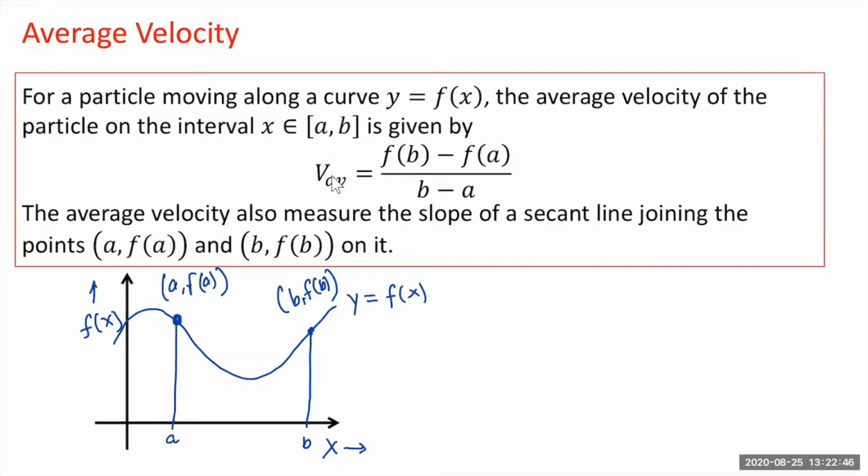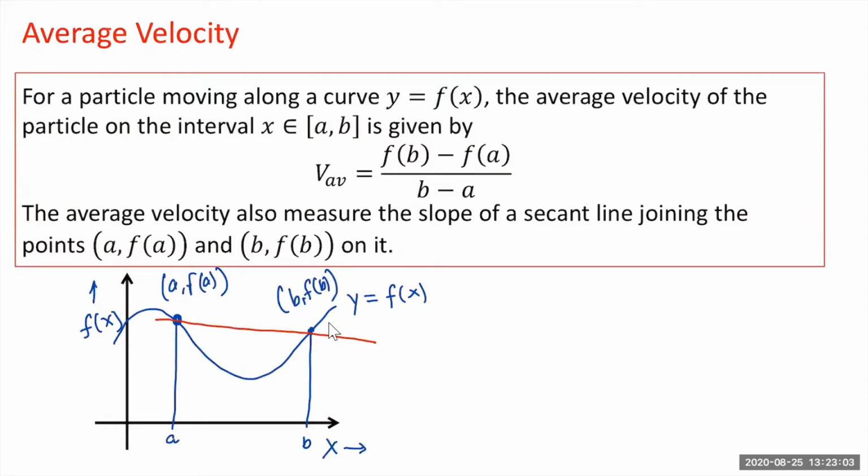That means the average velocity measures the slope of the secant line joining these 2 points. So when we talk about the average velocity, it is nothing but the slope of this line here, the slope of that secant line.